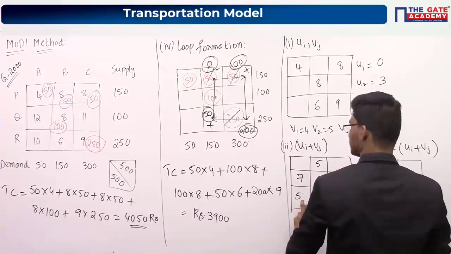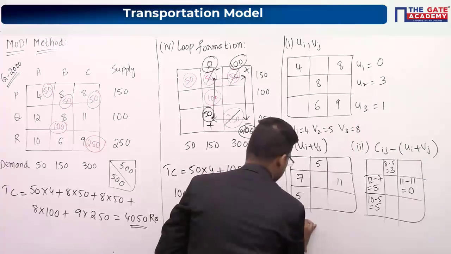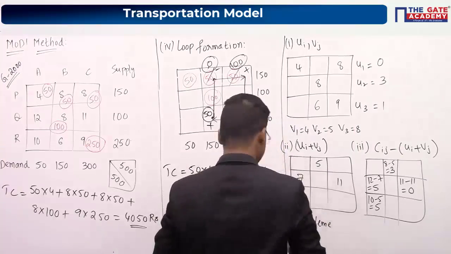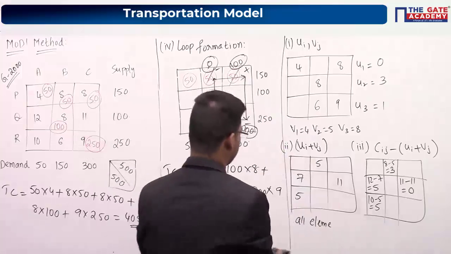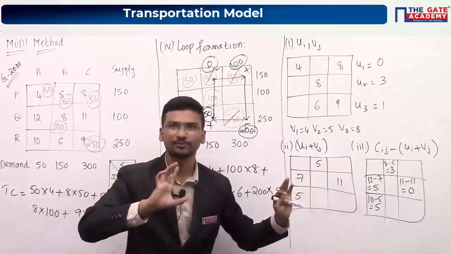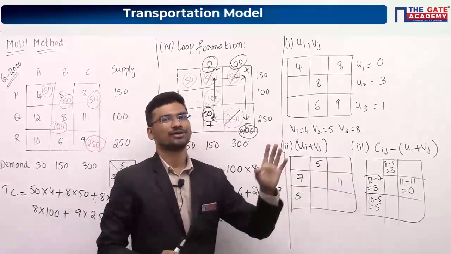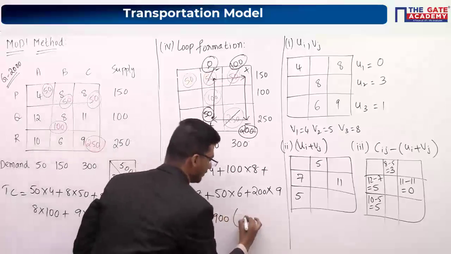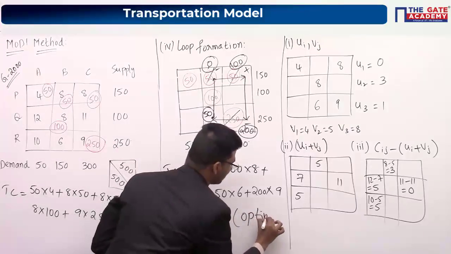And this one 10 minus 5. So all the elements in this step number 3 are non-negative. That means your solution 3900 is optimal. Now we can say it is optimal.